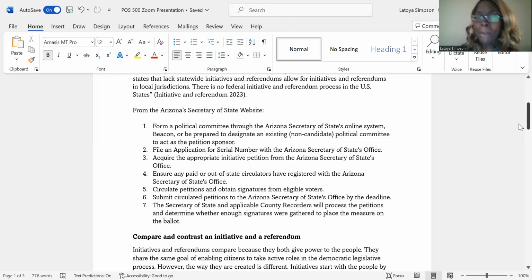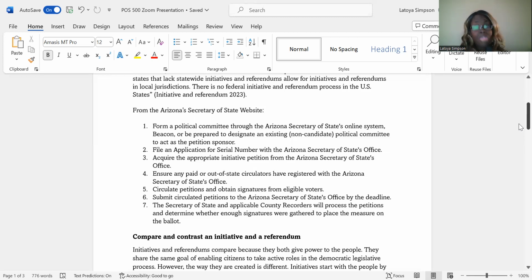Now, the second part was to compare and contrast an initiative and a referendum. Initiatives and referendums compare because they both give power to the people. They share the same goal of enabling citizens to take active roles in the democratic legislative process.